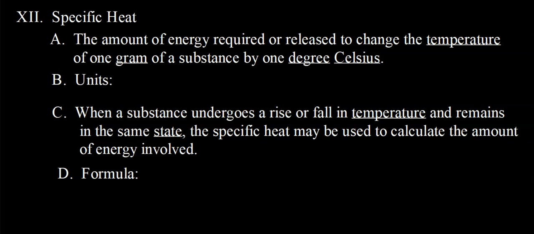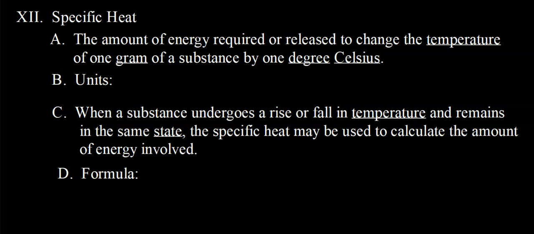So what if a substance is undergoing a change in temperature and not a phase change, just a change in temperature? We can use the specific heat to determine how much energy is involved in that change. So let's start with the definition again.